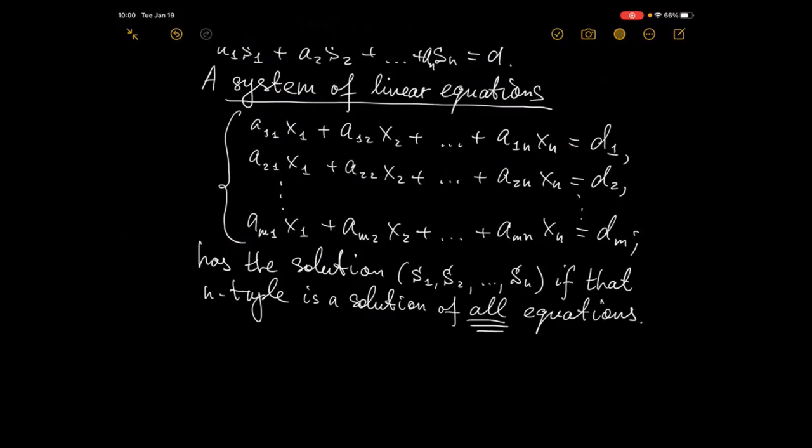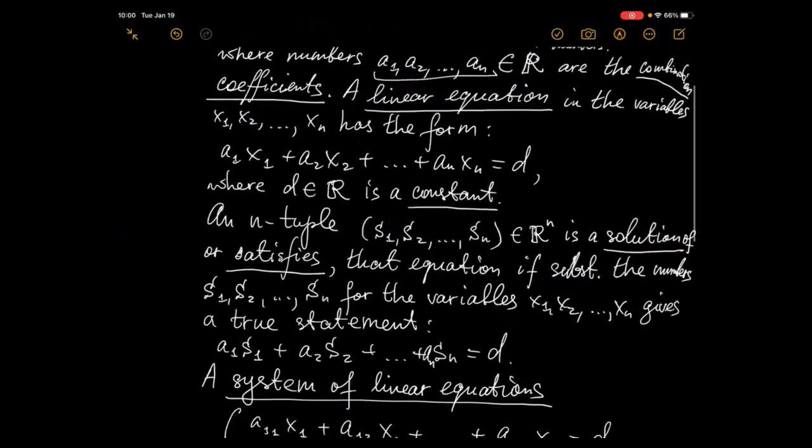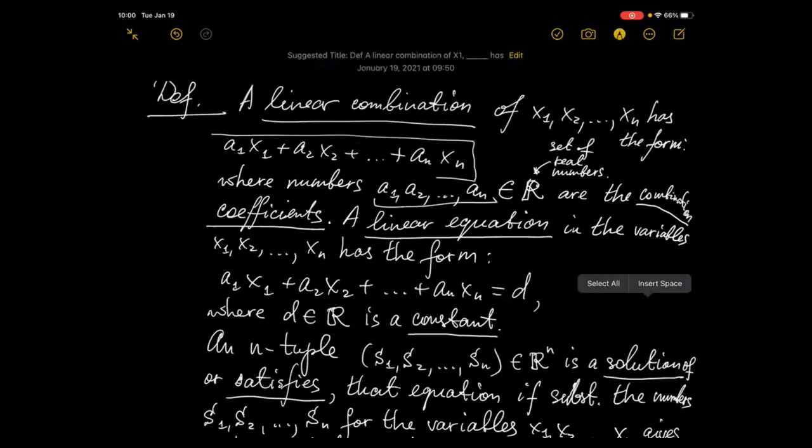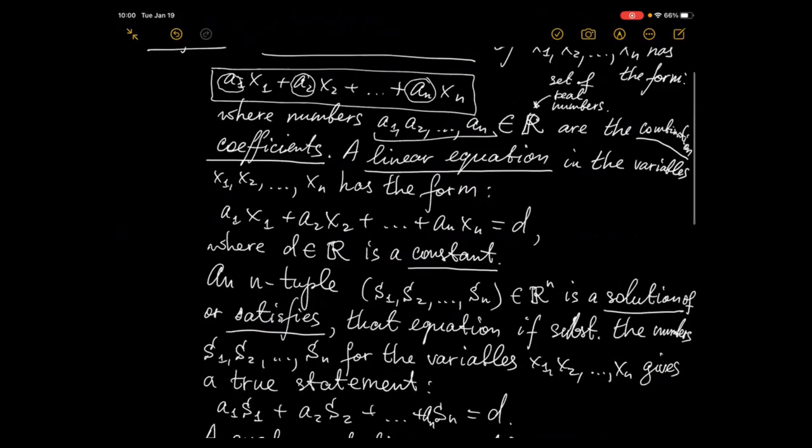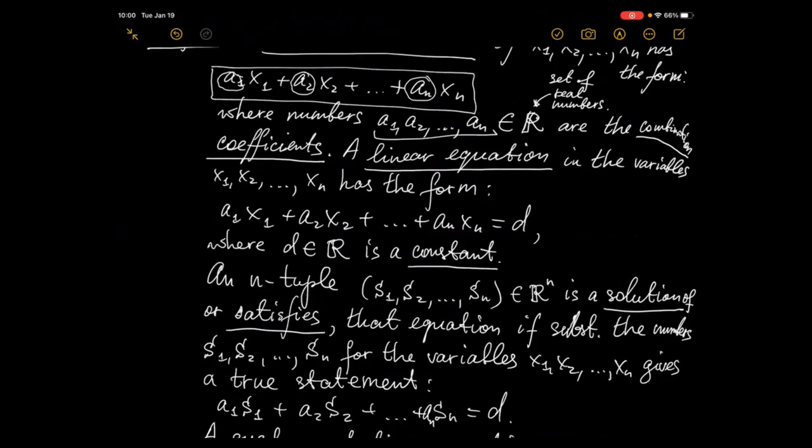In other words, this expression is called a linear combination. Usually we are given these numbers, which are the coefficients of the linear combination, and x1, x2, and so on till xn can change. Now, we get a linear equation when we require this linear combination to be equal to some number d.